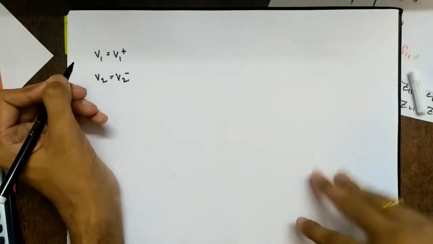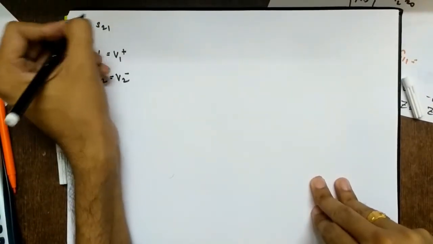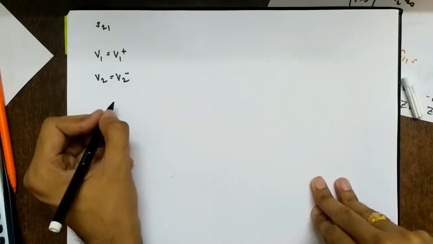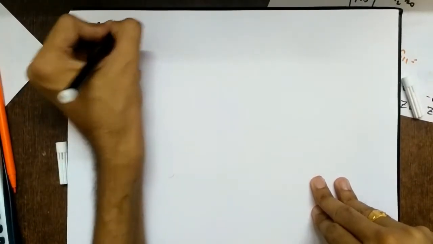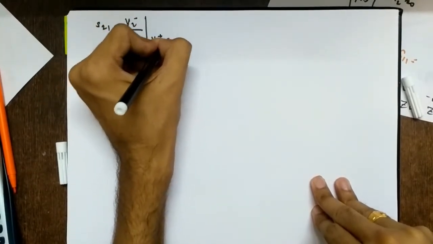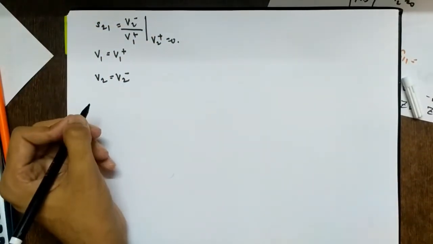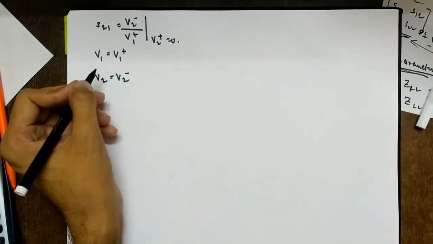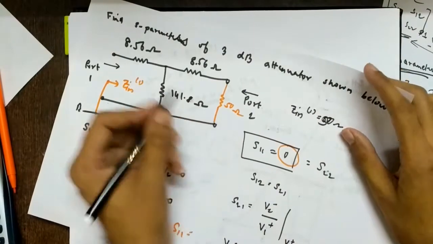We have to find S21, so basically we need to find V2. What is V2? V2 is the voltage across this.